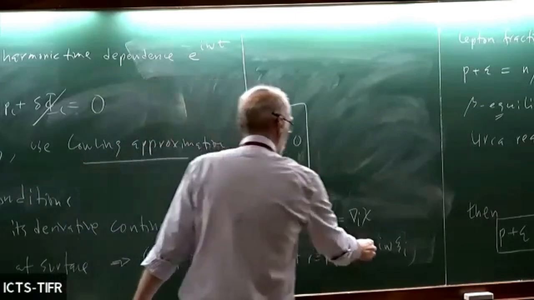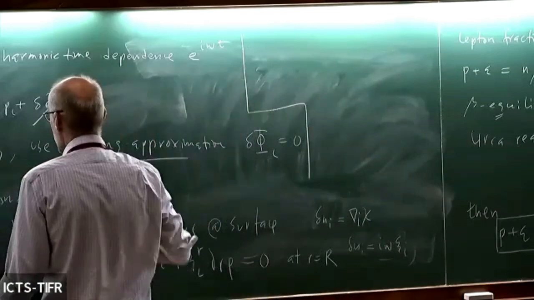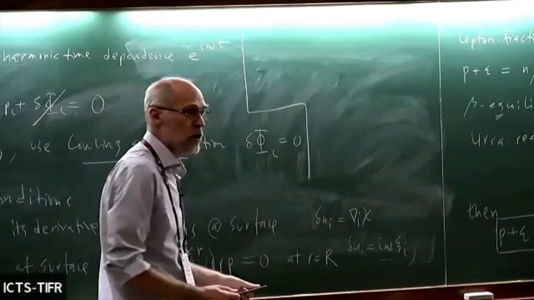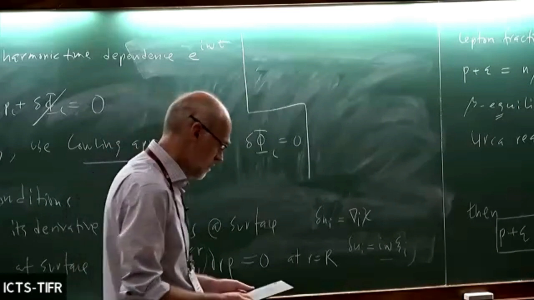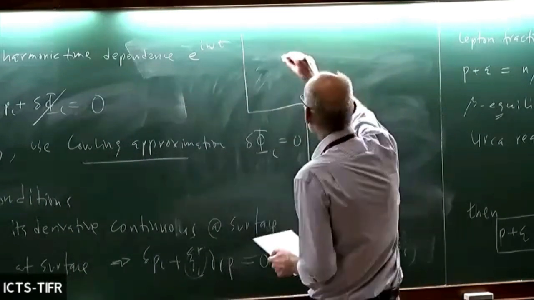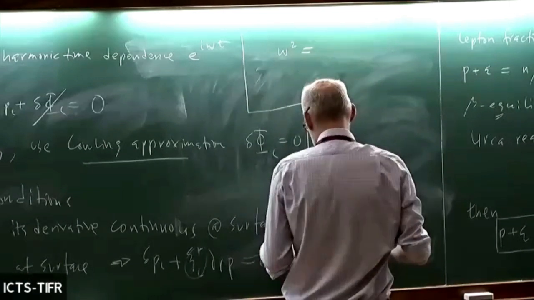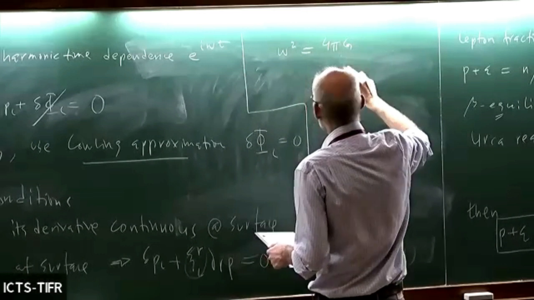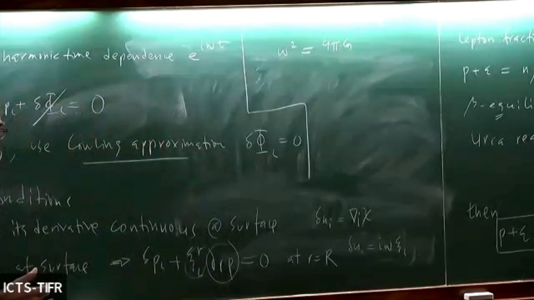Okay, so now we see there's an i omega here that goes into this story over here. And then basically you've got two algebraic equations that you need to solve. It's easy. You'll do it yourself later. And out comes a statement for the frequency, which is 4 pi G, because here there is a background gravitational potential lurking, as per my argument.